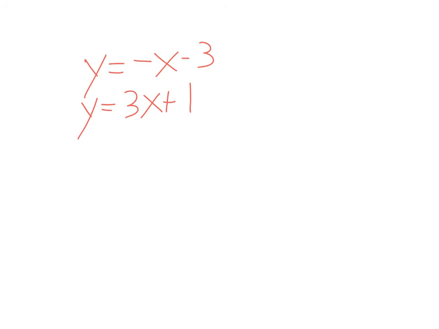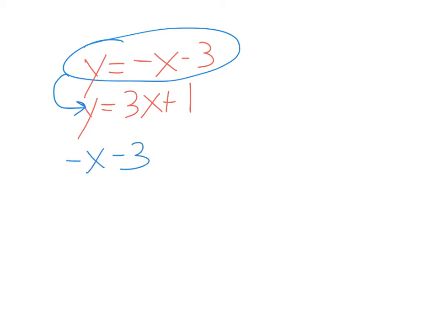Okay, let's see how well you did with that. I'm going to take this y and I'm going to substitute it in for that y. So I get negative x minus 3 equals 3x plus 1. Well, let's see.